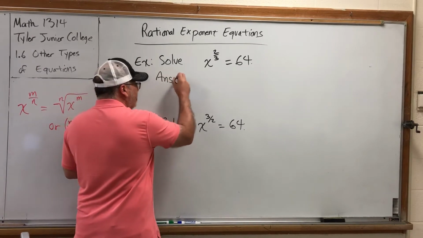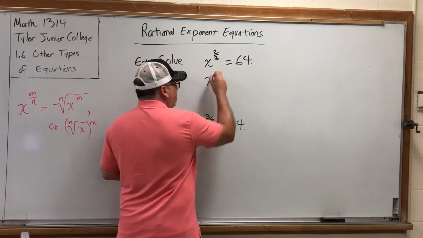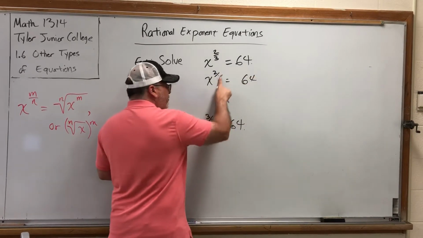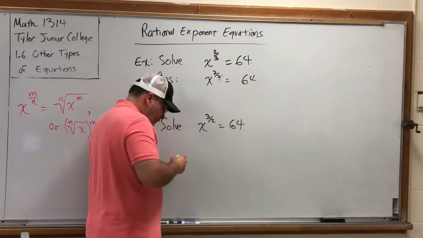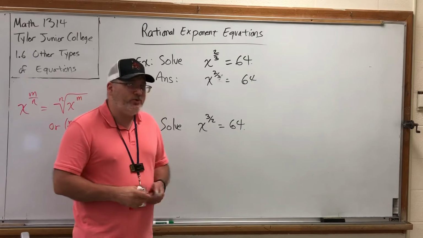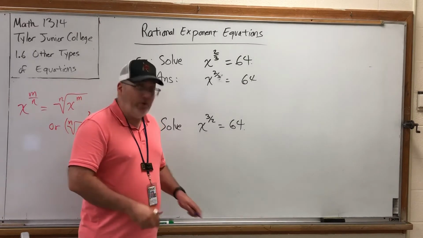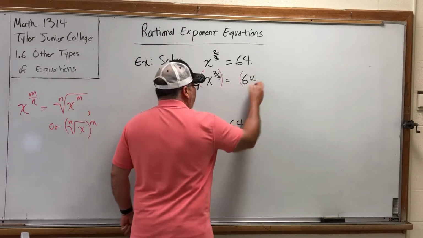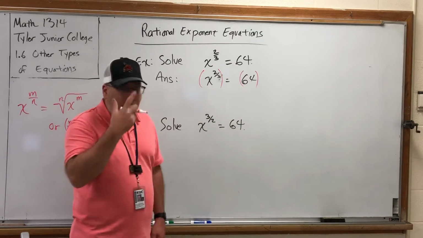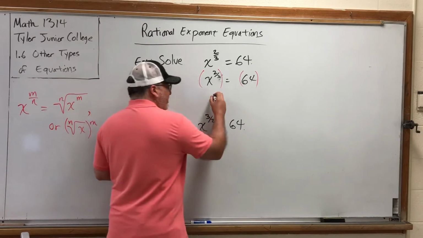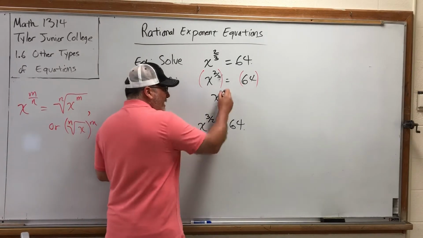So we need to do something to both sides that will get the x by itself. So what can we do to make this 2/3 exponent disappear? Well, we have a rule that says when you raise a power to a power, you multiply them. So I'm thinking that I want to raise both sides to a power, but what power do I want to raise it to? If my objective is to get x by itself, then I would like that power to be 1.